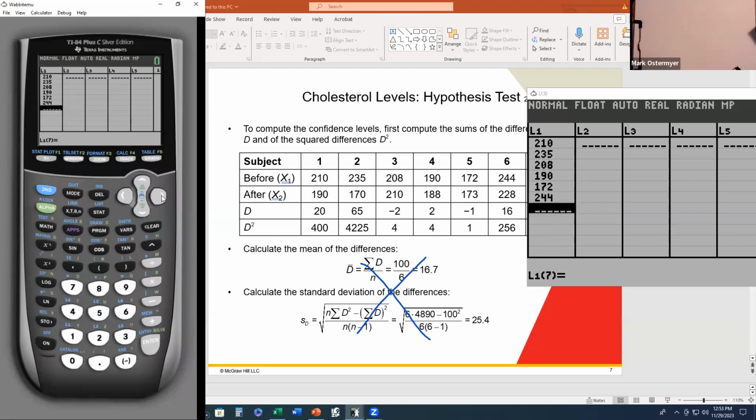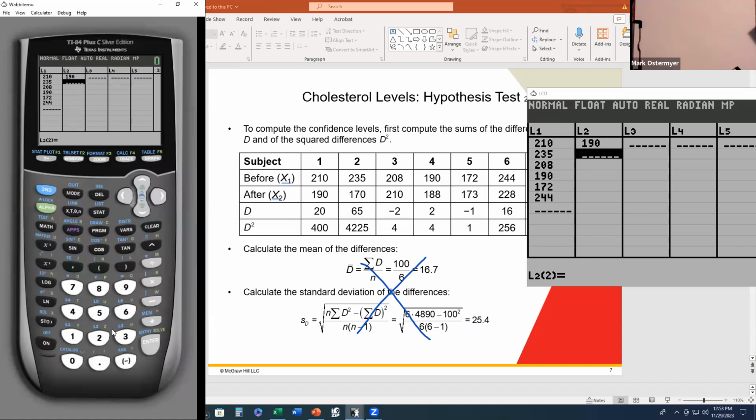And then in list 2, you can record the cholesterol levels after the mineral supplement was taken. But you got to keep them paired. It's very important that the 210 cholesterol level before the drug was taken be paired with the 190 cholesterol level after the drug was taken for subject 1. It's critical that you keep these paired together. Otherwise, you don't have a matched paired design going on here.